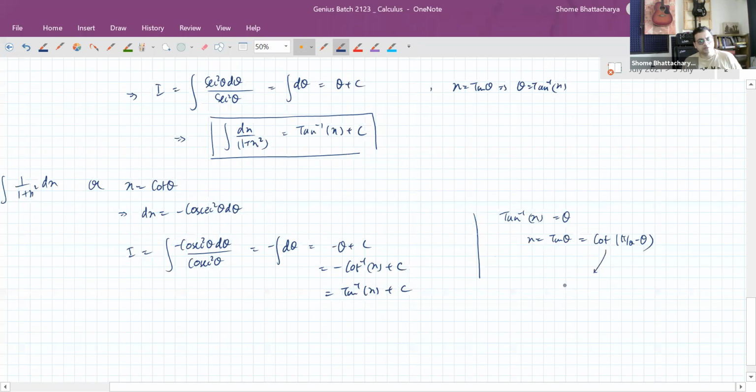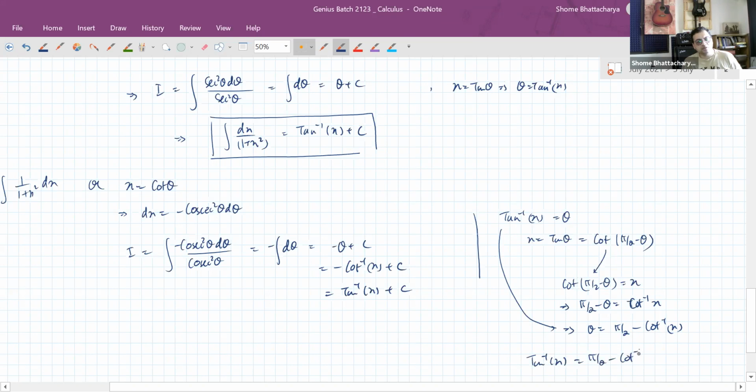So now you have this cot of pi by 2 minus theta is equal to x, which means that pi by 2 minus theta is cot inverse x. So theta is pi by 2 minus cot inverse x. Okay. So that basically shows that tan inverse x is the same thing as pi by 2 minus cot inverse x. So this is the proof of this.